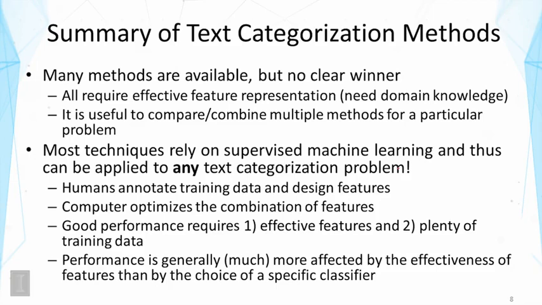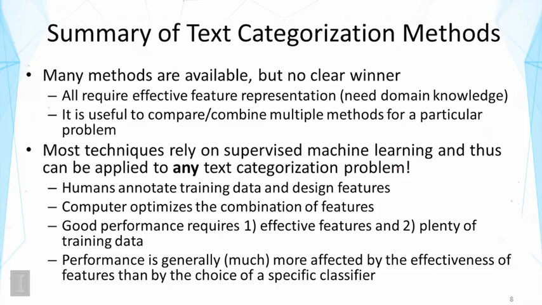And one reason is also because the feature representation is very critical, and so these methods all require effective feature representation. And to design an effective feature set, we need domain knowledge. And humans definitely play an important role here, although there are new machine learning methods like representation learning that can help with learning features.